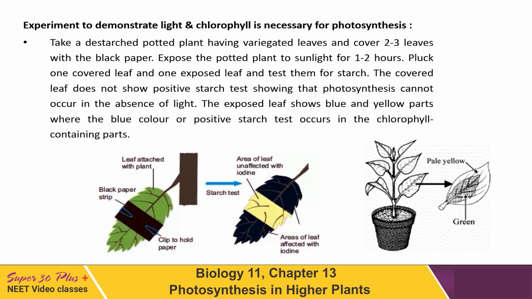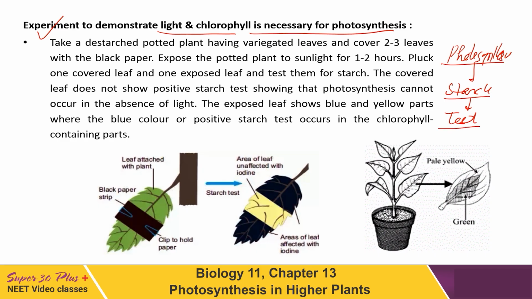Now we have to see some historical experiments. Before that, remember the 4 factors I told you are necessary for photosynthesis. How can you prove that light and chlorophyll are necessary? If a plant organ has done photosynthesis, it has prepared starch.